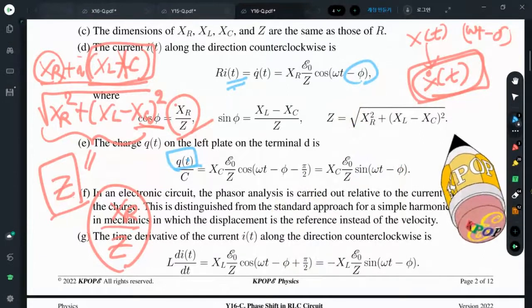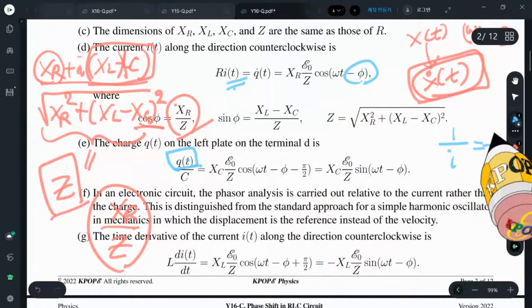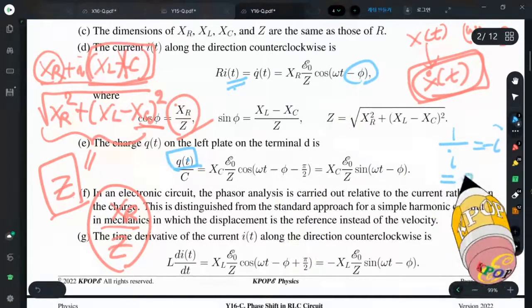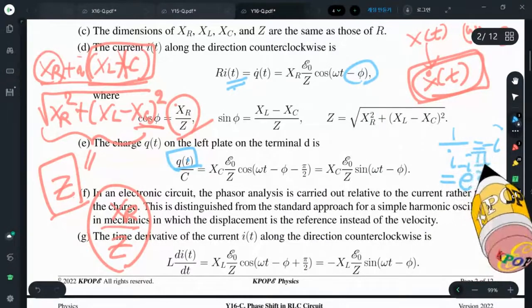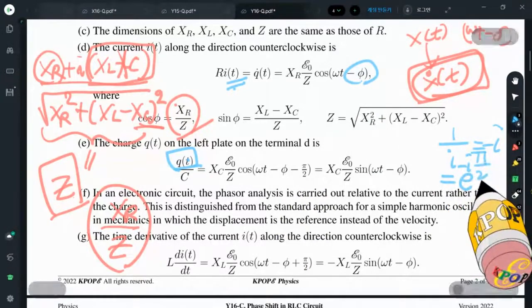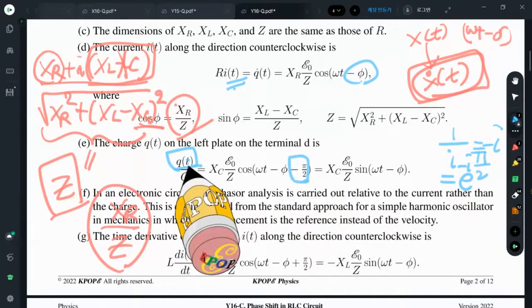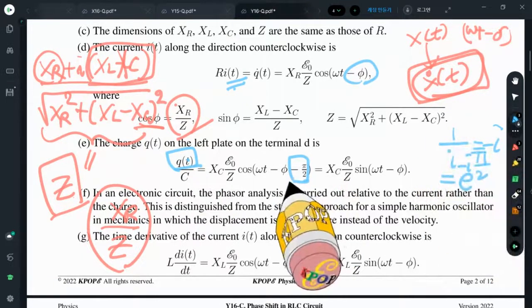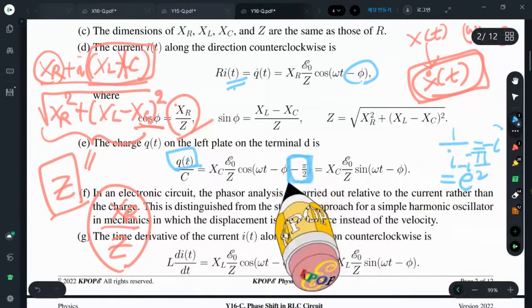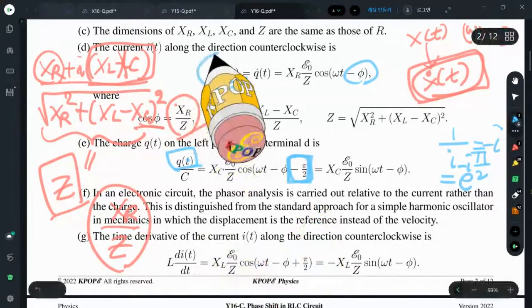That is to multiply 1 over i, or minus i, so this is minus alpha pi. This shift has been made because this time integral brings in this additional phase difference relative to the current.